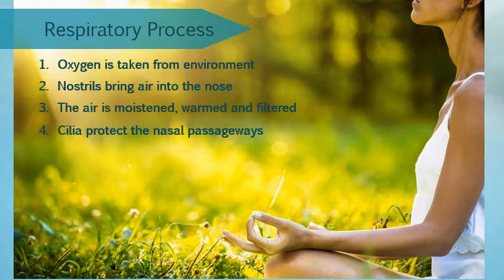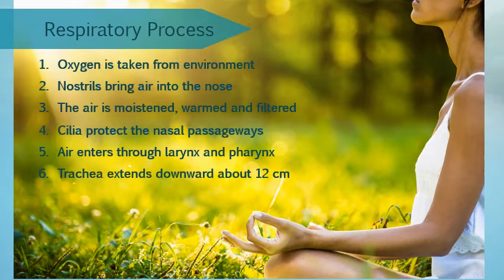After that, the cilia inside the nose protect the nasal passageways by filtering the dust, dirt, and materials in the air. And then, number 5, air enters through the larynx and pharynx. So from the nose, the air enters the larynx and pharynx.